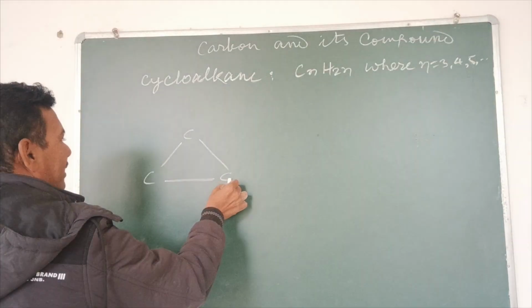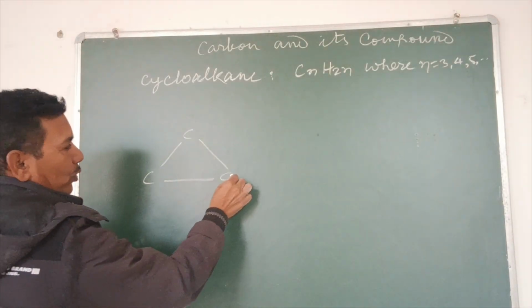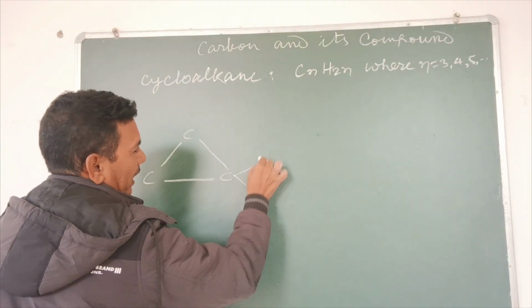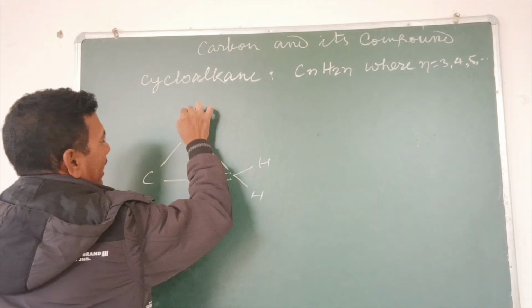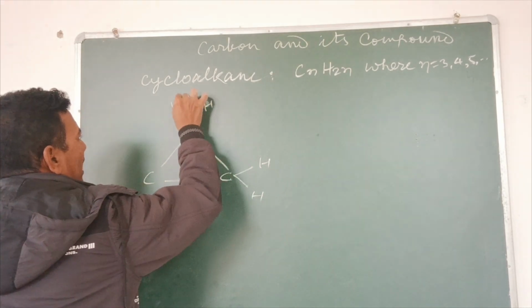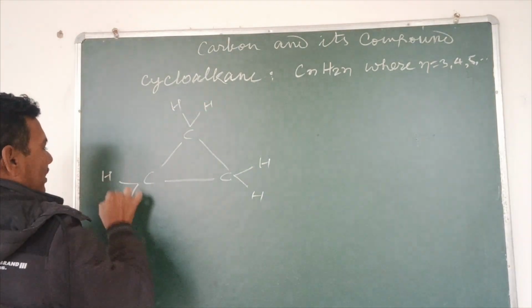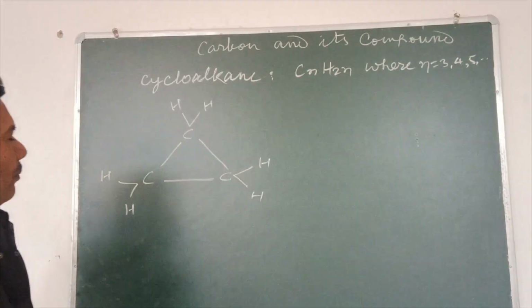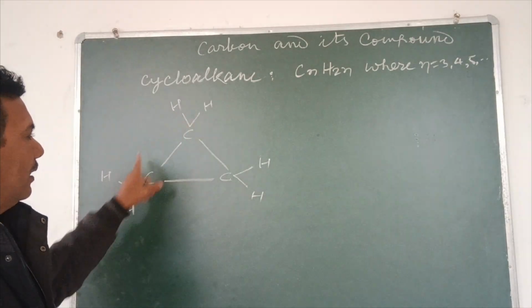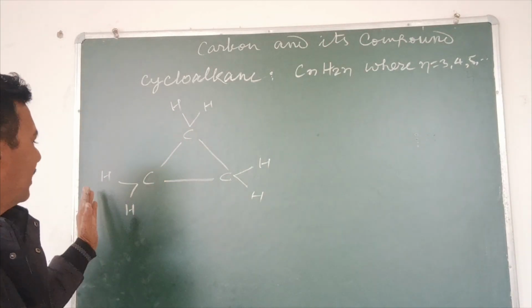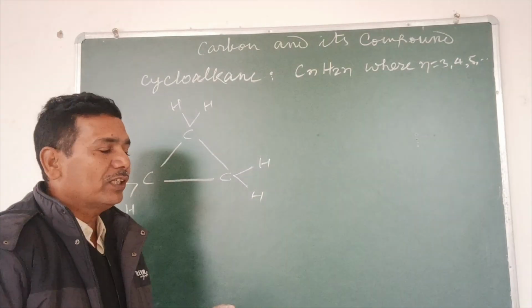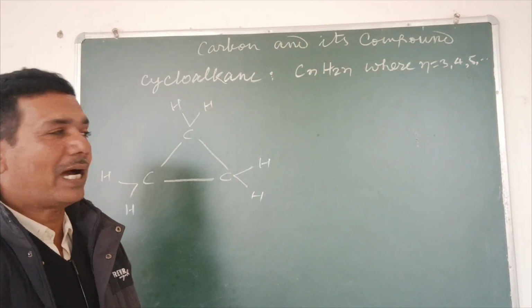this carbon has completed its valency only 2. So we will put 2 hydrogens at this carbon, 2 hydrogens at this carbon as well, and 2 also at this. In this manner, the number of carbon atoms is 3 and the number of hydrogen atoms is 6, which is twice the number of carbon atoms.